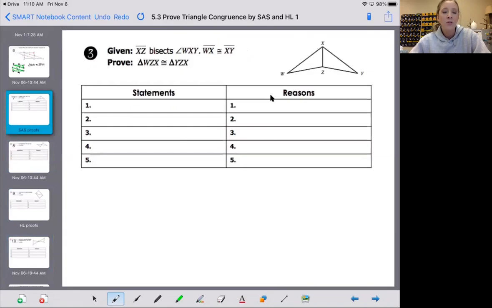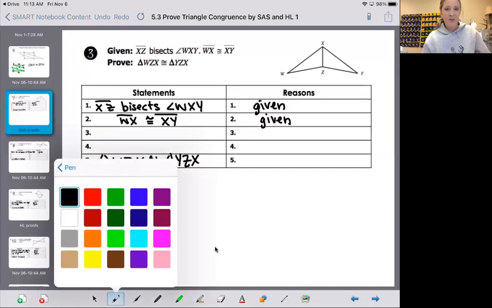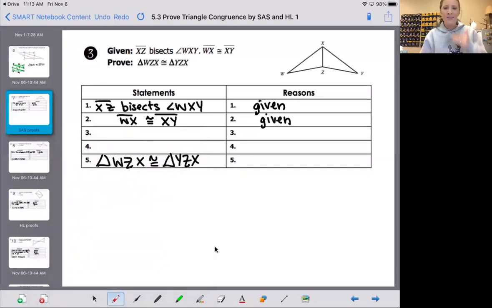So if you'll go through in your flip book and do at least the givens on those 4 proofs, that'll help us. And once you're ready to do the rest of the proof, go ahead and hit play. Okay, so again, I went through and I wrote down all of the givens. I also wrote down the last line of the statements for every single proof.